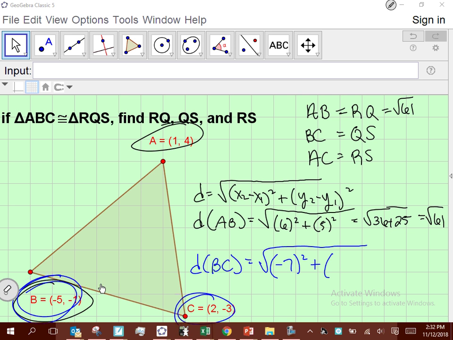And then I go -1 minus -3, 2. Square that. So then I get 49 plus 4. So root 53. And that would be the distance for BC. So it's distance for QS as well, because those two triangles have to be congruent, so their corresponding segments have to be the same length. And we do the same thing for AC. We would use the points, obviously, A and C then.